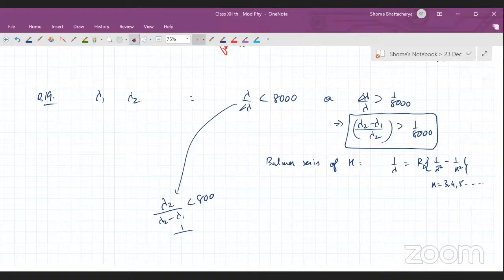So basically just calculate the values of lambda for the Balmer series and see which of them satisfy this.